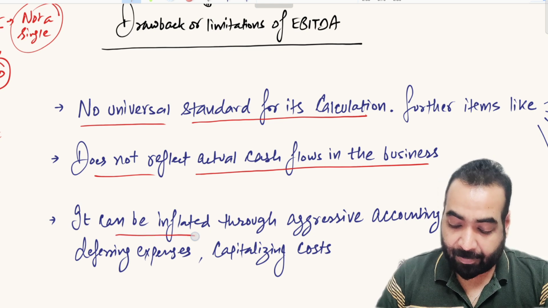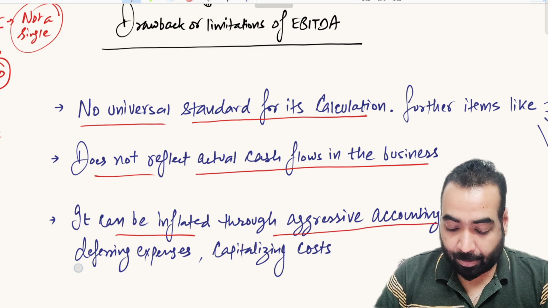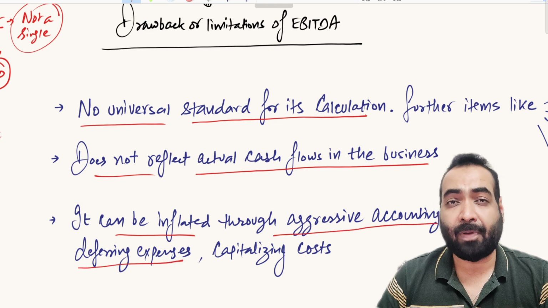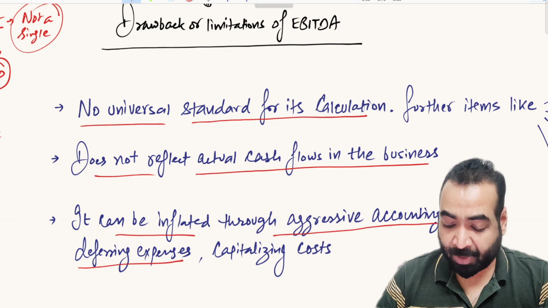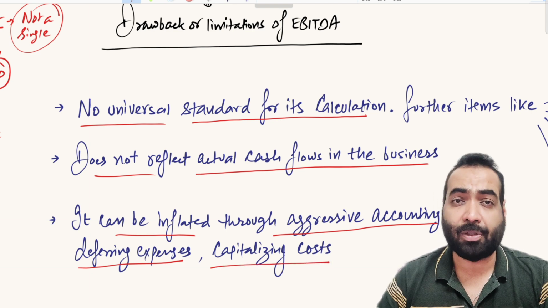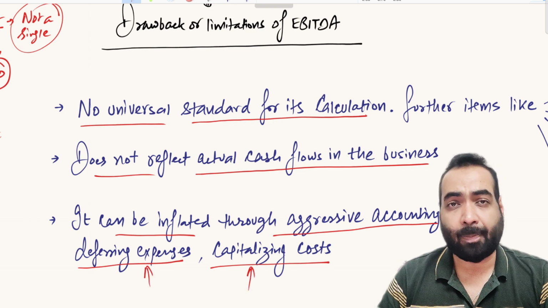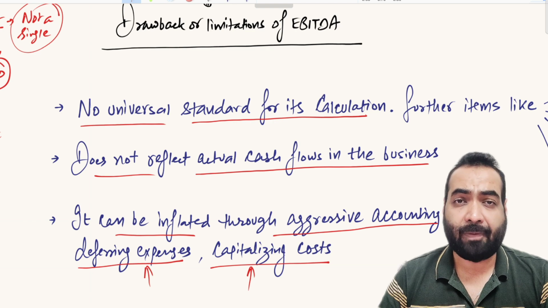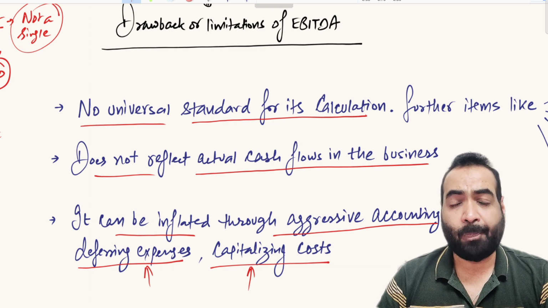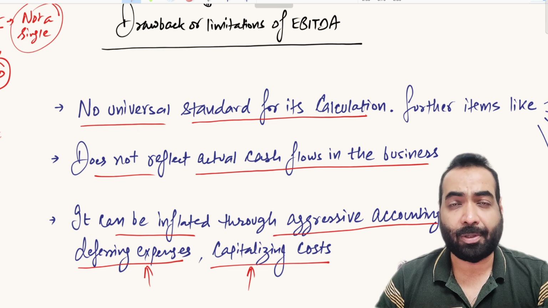They can inflate their earnings through aggressive accounting, like not charging expenses in the profit and loss account, deferring expenses, or capitalizing expenses when they are actually in the nature of revenue expenses. All of these help in inflating the profits, and in turn your EBITDA margin. So this window dressing can lead to inaccurate results in the EBITDA margin calculation, right?